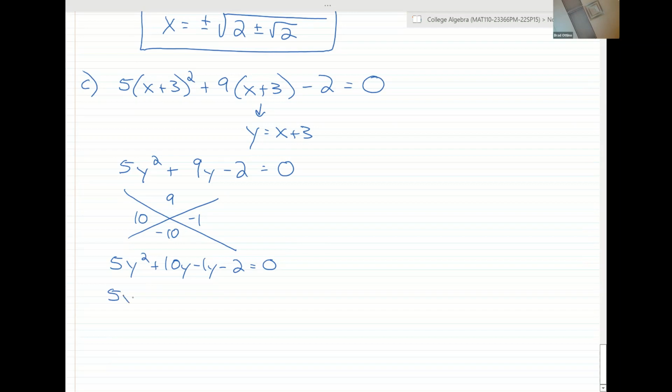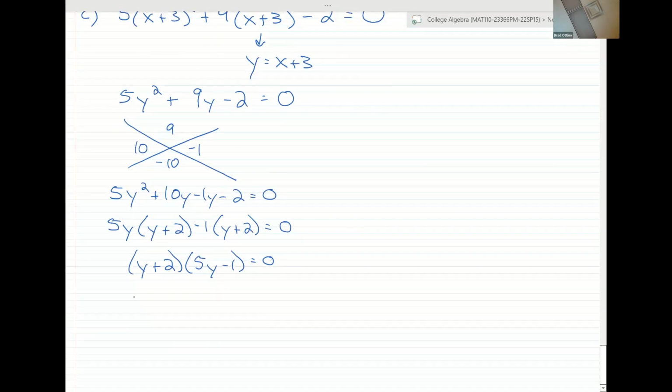Down the middle, take out 5y, have negative 1. Y plus 2 times 5y minus 1, or y would be negative 2, and y would be 1/5.